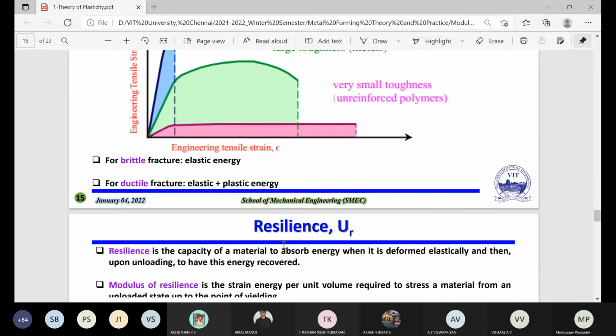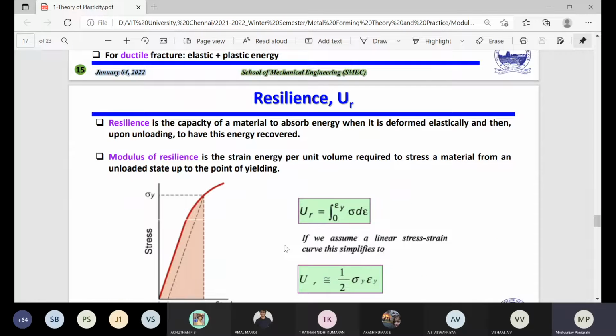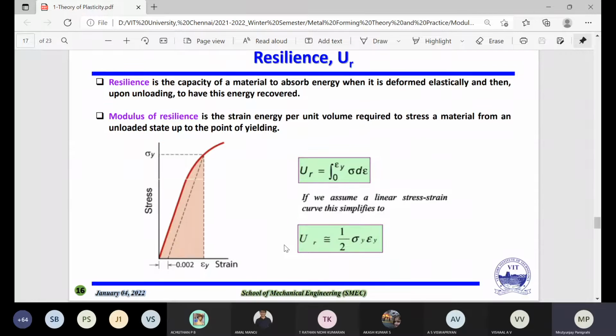Yeah, so one more we have is resilience. If you see the schematic diagram here, you have the stress and strain. Resilience is the capacity of a material to absorb energy when it is deformed. If you remember the deformation schematic diagram I showed, you have the lubrication, the friction, and then the energy also.